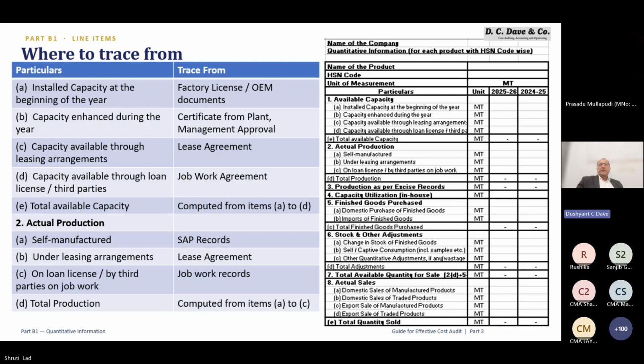What should be the correct one? Let's make it interactive, friends, and this is very important. If you find the production register and SAP differ, I'm just asking which of the two is the correct one.